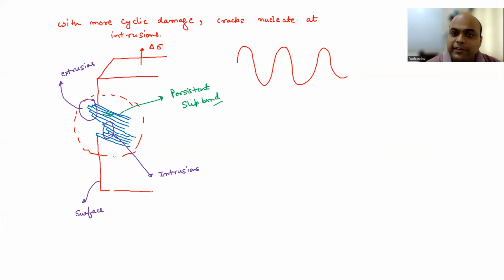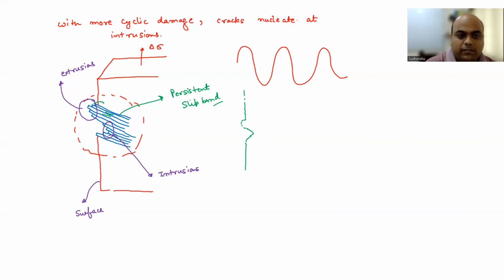Okay. If it was uniaxial tension, you're not going to get extrusion and intrusions, right? It is only because you have cyclic loading that you're going to get that. Now this intrusion, if you just magnify, is acting like a small notch on the sample surface. Right. So if I just draw another schematic, this is what you are going to see, right?